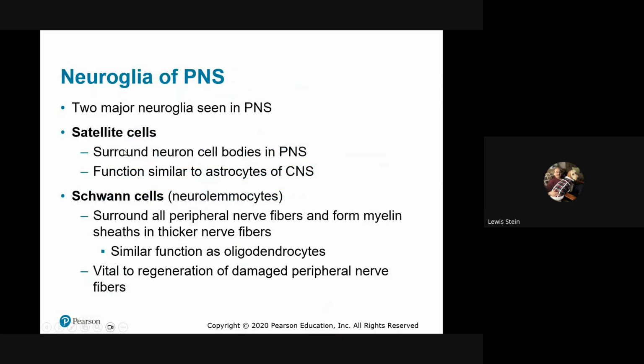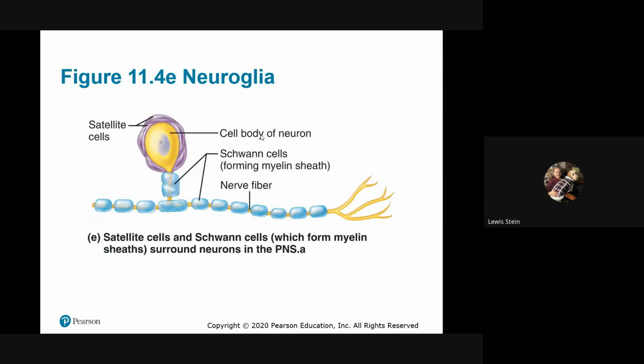The oddball are the satellite cells. These are the ones in the peripheral nervous system. The satellite cells are just that. They're cell bodies, and let me explain it this way. We don't use the term nucleus. I'm sure you already learned this because you learned about the red nucleus and the basal nuclei in lab. A nucleus is a term we use for clusters of these things. The actual nucleus of the individual nerve cells are called cell bodies.